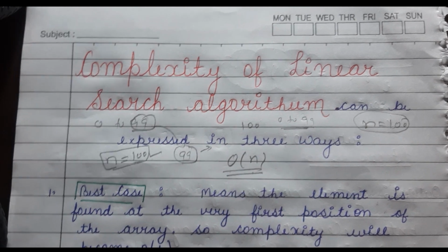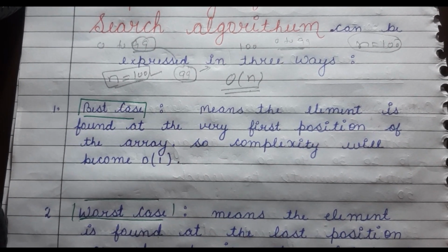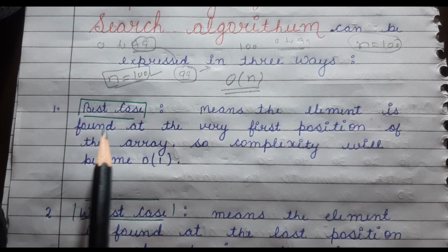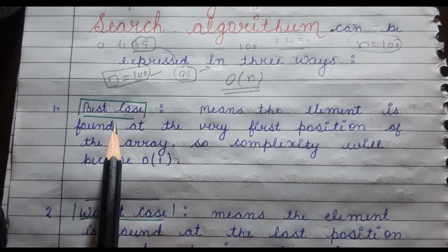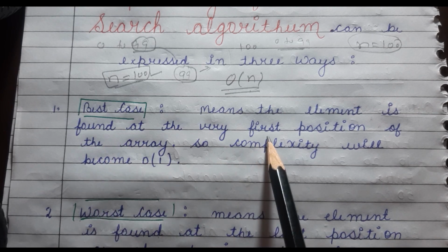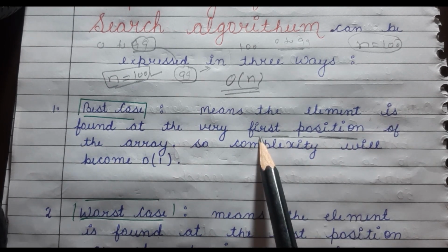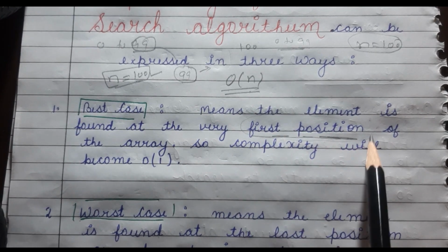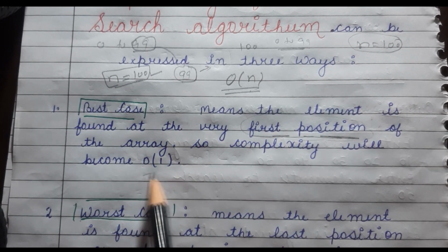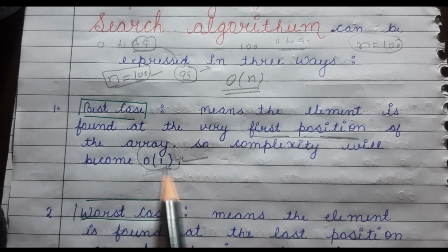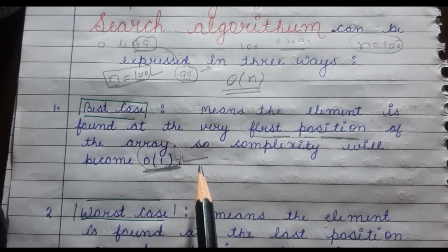Basically we have three cases to find the complexities. First is the best case. When will the best case happen? The best case happens when the searching element is found at the very first position. In that case, you perform only one comparison.